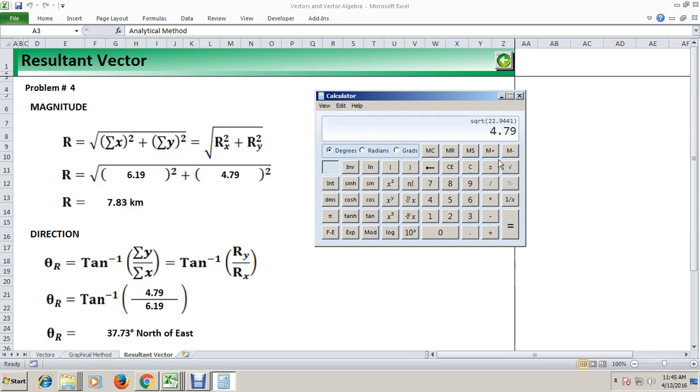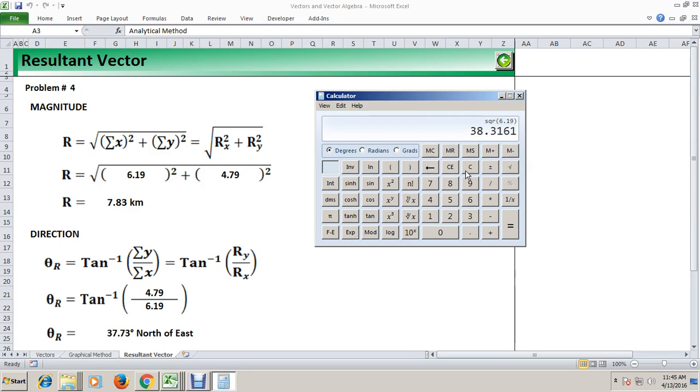Okay, so let me repeat the steps. This is actually 6.19 squared. So the square of 6.19 is 38.3161.